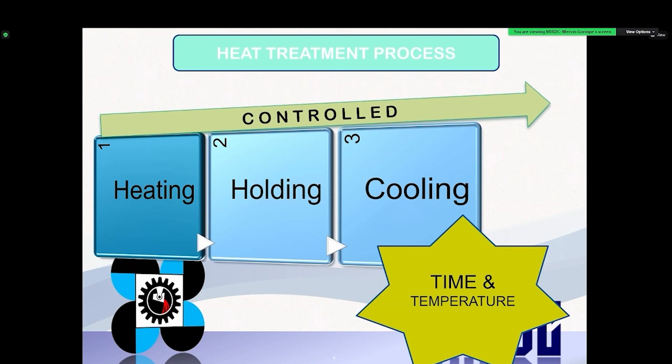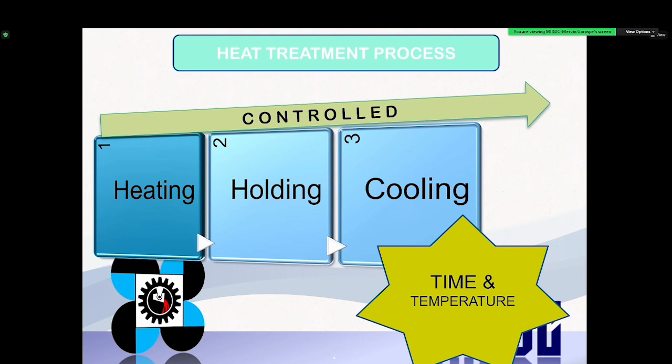Dapat hindi siya bababa ng 839 at hindi siya tataas ng 861 degrees Celsius. Kung kaya ninyo, as a process engineer, makontrol ninyo yung pugon ninyo ng around plus minus 5, say for example 850, maglalaro lang siya ng 855 to 845 degrees Celsius. Doon lang naglalaro yung temperature nyo when you hold your pieces inside your pugon.